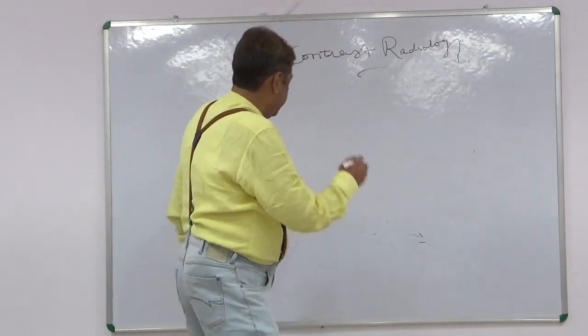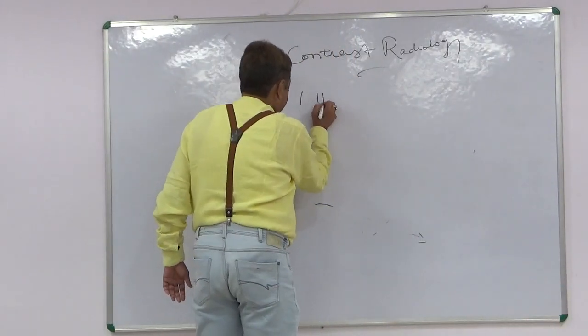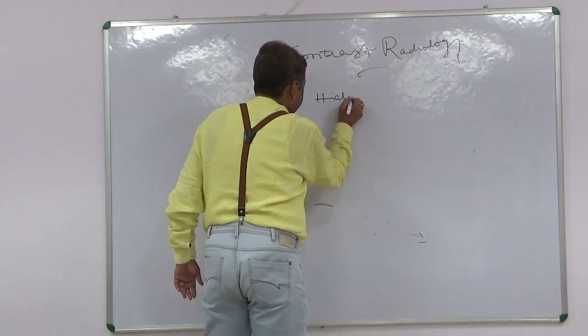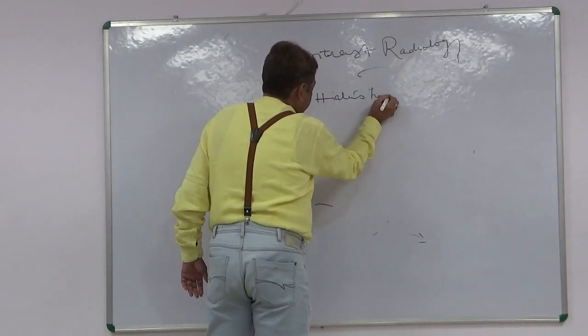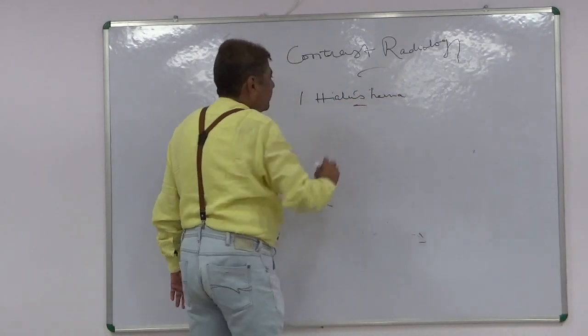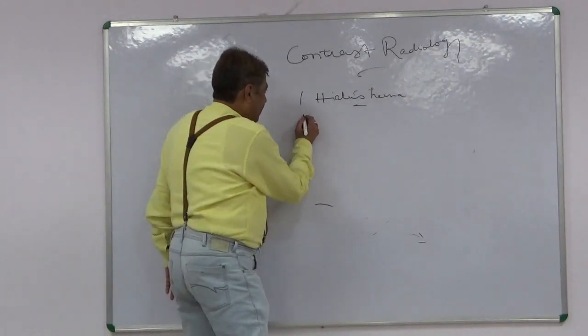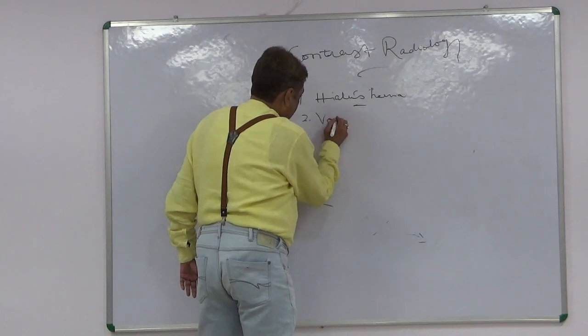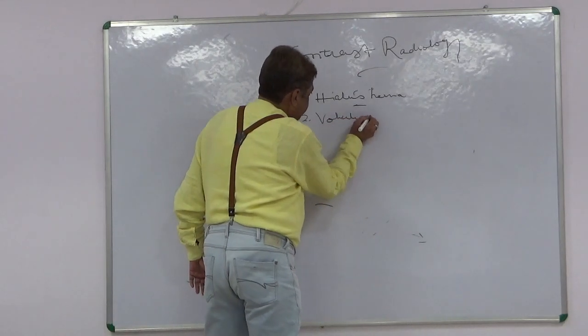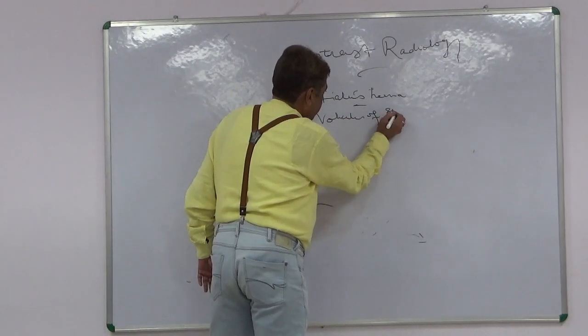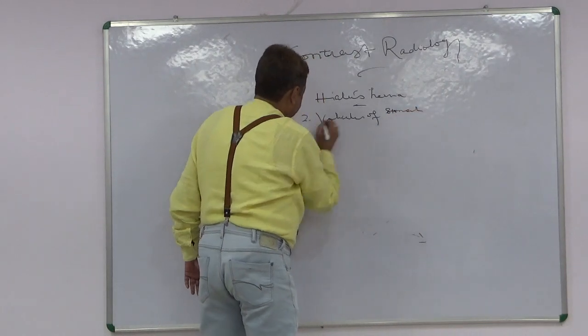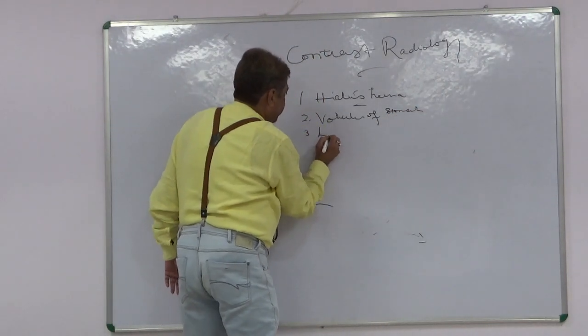First is the hiatus hernia, which is missed while doing endoscopy, even in expert hands. Volvulus of the stomach. And rhinitis plastica.